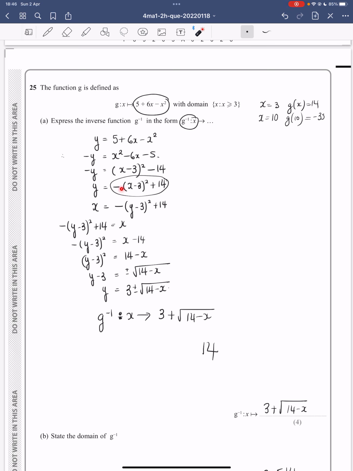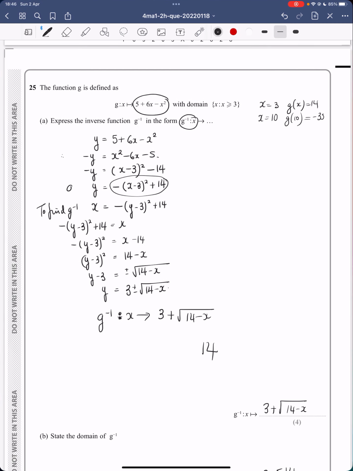So y is minus x minus 3 squared, and then plus 14. So we still haven't done, we're still working on this here. What we do then to find g inverse, I'll put that there, because this looks a bit weird otherwise. We switch the x for the y.